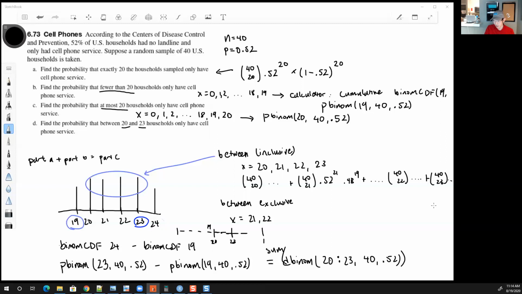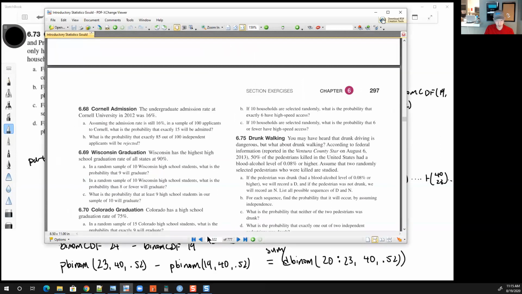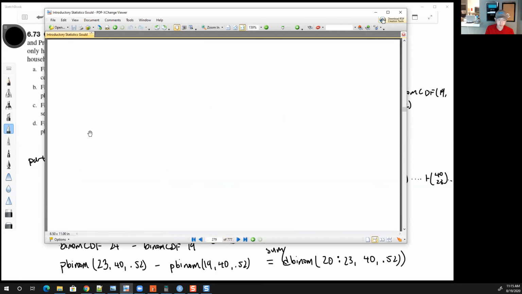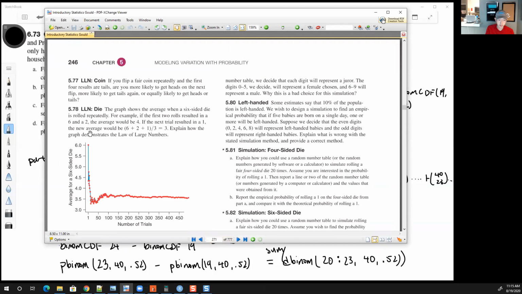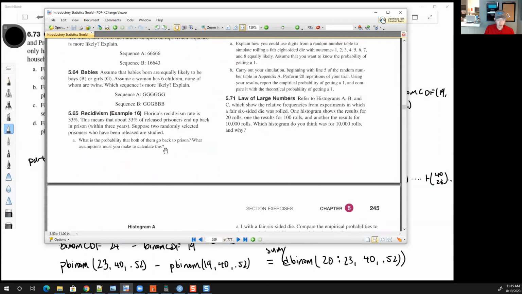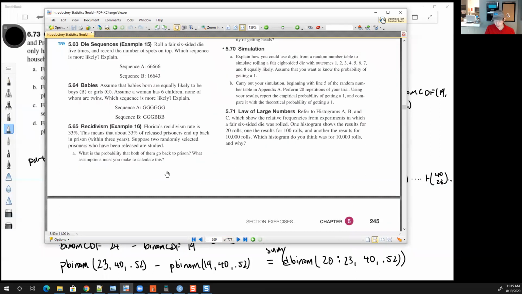Okay, and then we had a question from chapter 5, problem 65, so let's jump over there. Here we're looking at recidivism. Florida's recidivism rate is 33%. That seems really high.